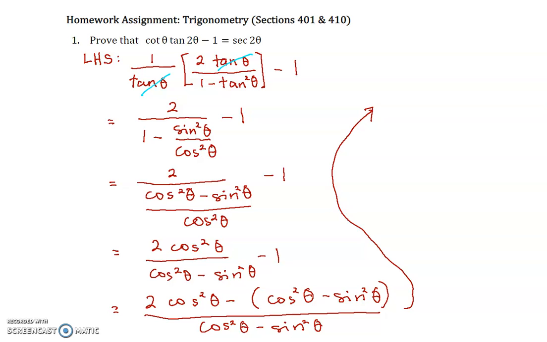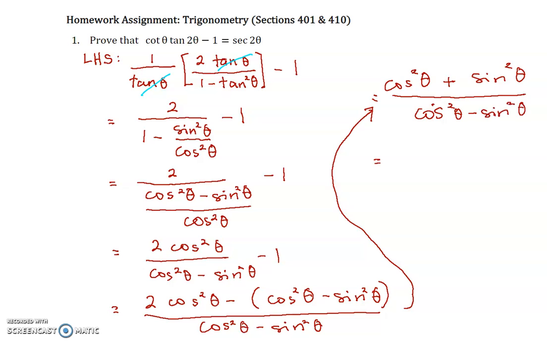So as you can see, 2 cos squared theta minus cos squared theta plus sine squared theta. You can simplify this and you're going to get cos squared theta plus, 2 cos squared theta minus cos squared theta is cos squared theta, and minus and minus becomes plus sine squared theta, over cos squared theta minus sine squared theta.